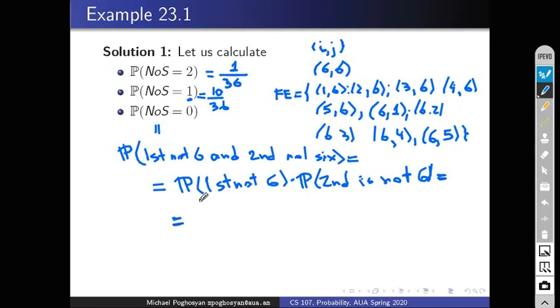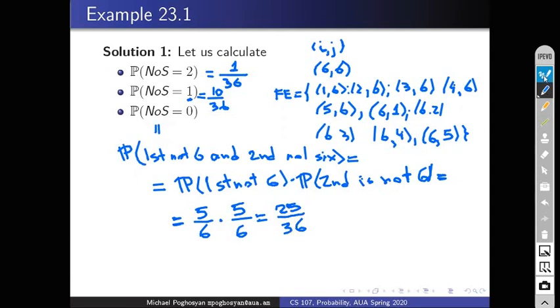The probability that the first die is not showing 6 is 5 over 6. 5 favorables over 6 total, times the same for the second die, and we will have finally 25 over 36. So this probability is 25 over 36.